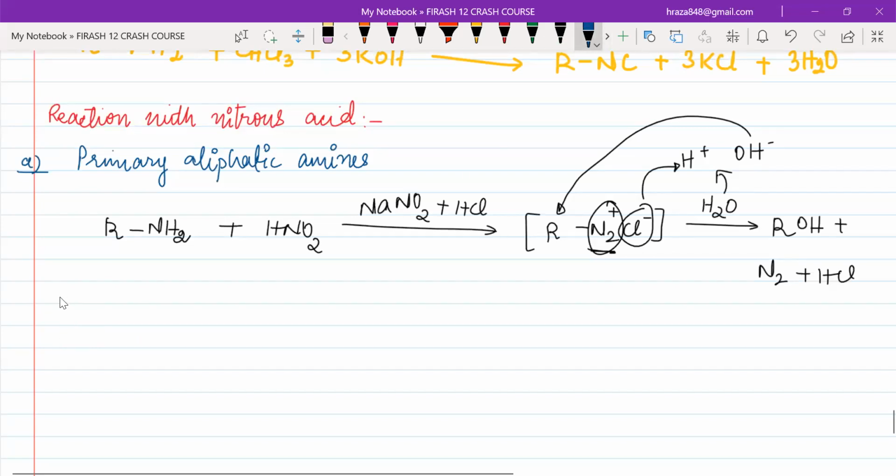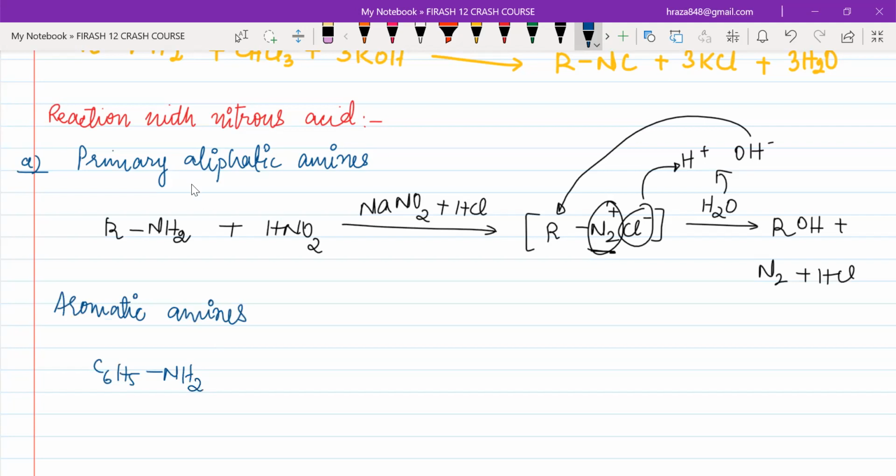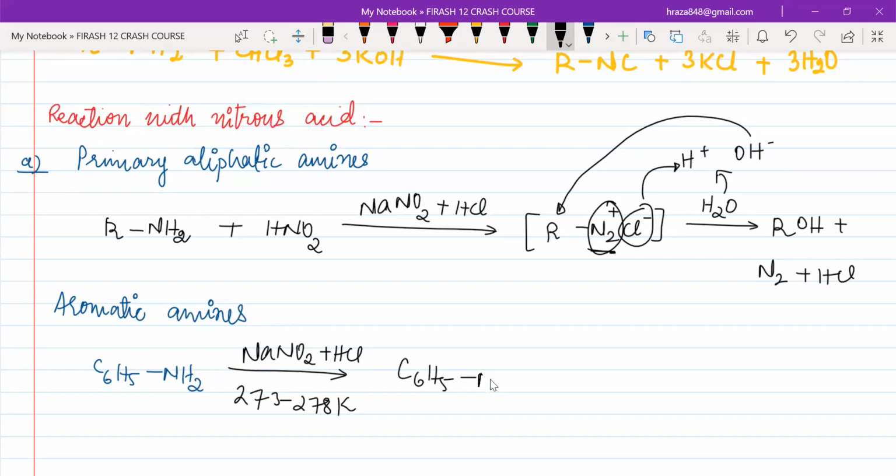The same happens with aromatic amines, but due to aromaticity it will not hydrolyze because it is already stable. As you can see, this is your C6H5NH2, which is aniline, which will be in resonance. If you react this with the same nitrous acid, NaNO2 plus HCl, with the temperature at 0 to 5 degrees centigrade, then you will get C6H5N2+ Cl- plus NaCl, and it doesn't need to hydrolyze because it is stable.